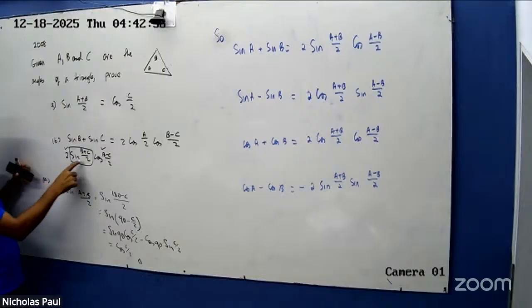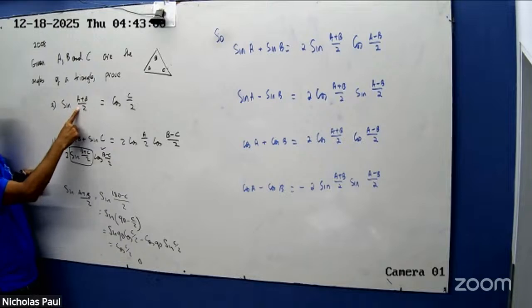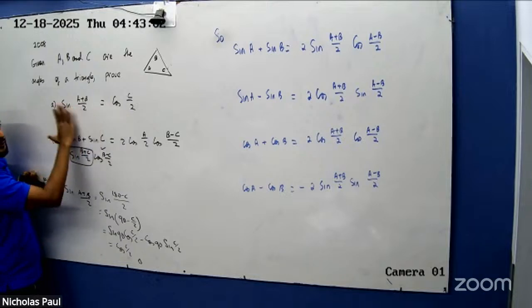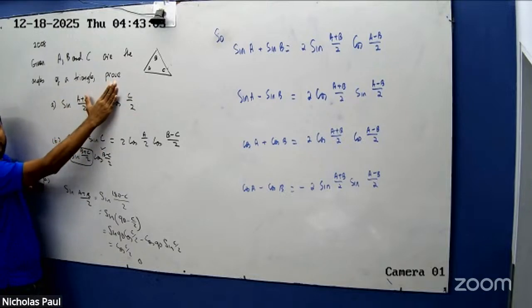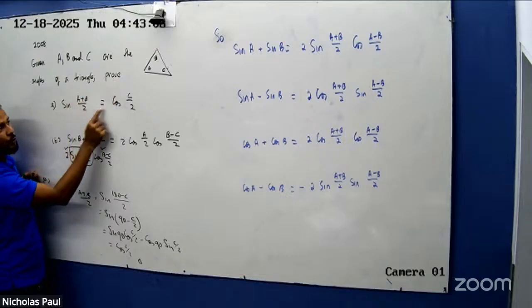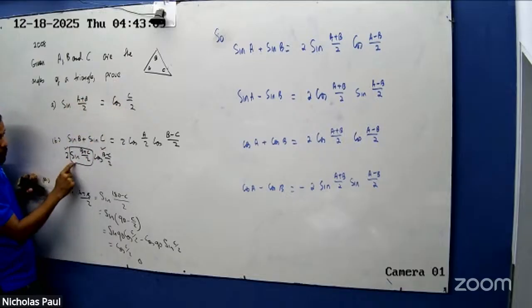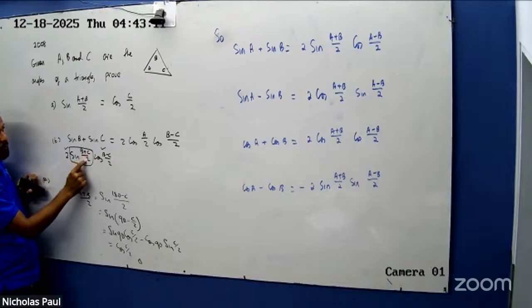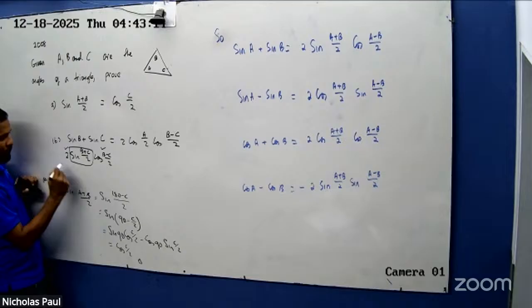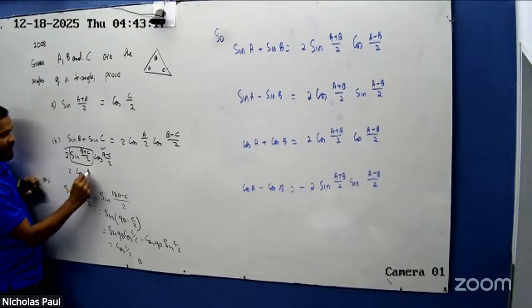If you want, you could come back here and use this. Look at the rule here. This is technically a rule we just proved, right? A plus B on 2 is C on 2. So what would be B plus C on 2? Cos, what's the letter missing? A on 2. So that will be cos A on 2.